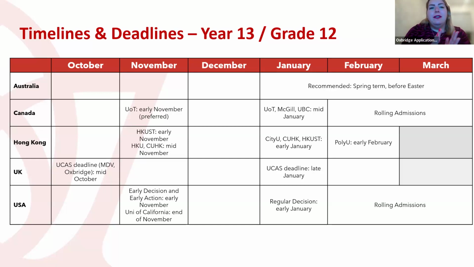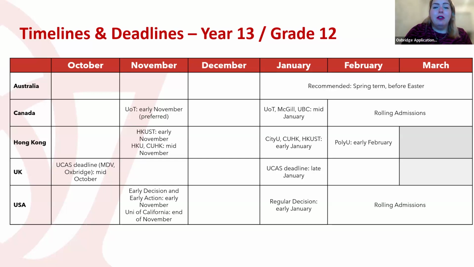We then go over December, over the Christmas and New Year vacation, into January, where another set of deadlines now begin in earnest. So you've already applied to the UK one, as you know, so that one is now complete. But if you are wanting to balance a Canadian application or a Hong Kong application, then this is the final opportunity in many cases for you to be able to put in your applications.